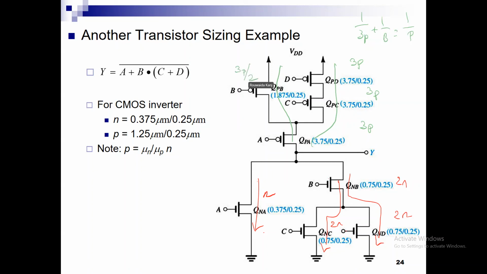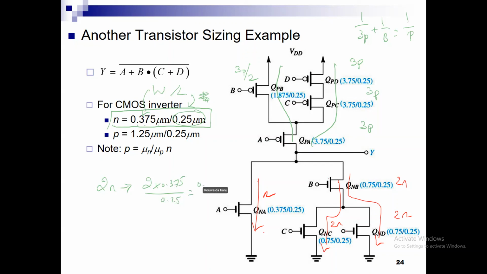Okay. Now, he's telling me that for the CMOS inverter, N is the W by L ratio, which is 0.375 over 0.25. This is W over L, and this is the L here, and this is the W here. So what he does is, if something has to be size 2N, automatically I say 2 times 0.375 over 0.25.